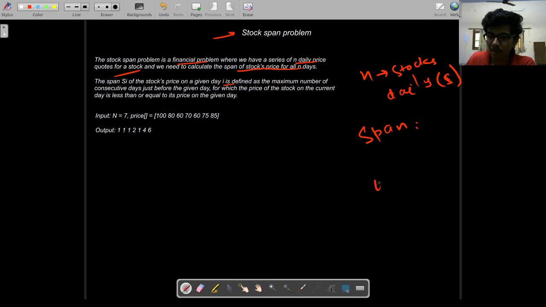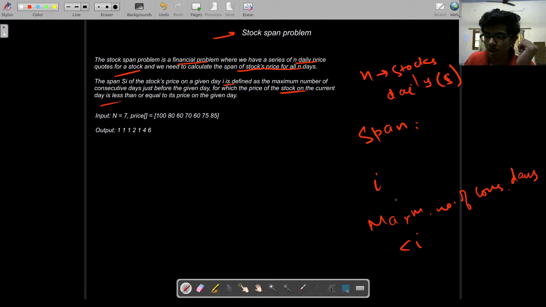So if the given day is I, we have to find the maximum number of consecutive days, less than I, for which the price of the current stock is less than or equal to the price on the given day.